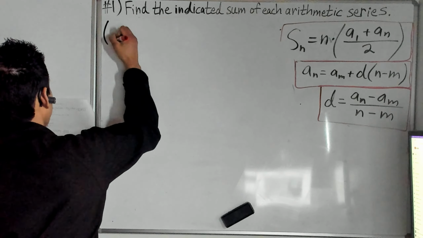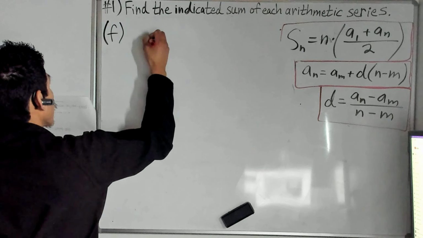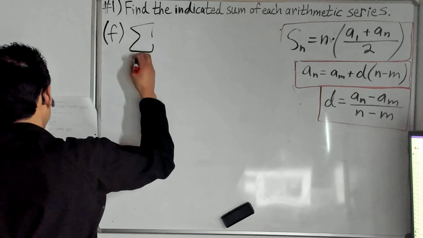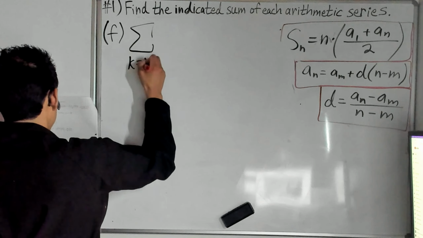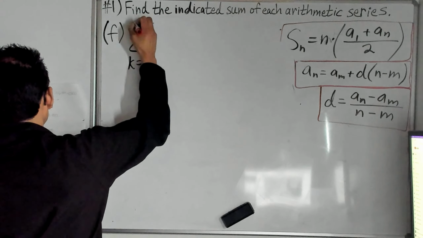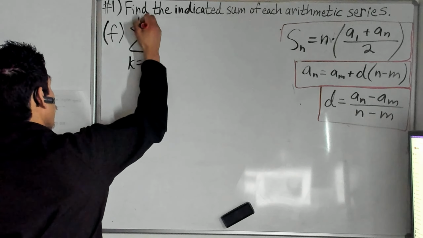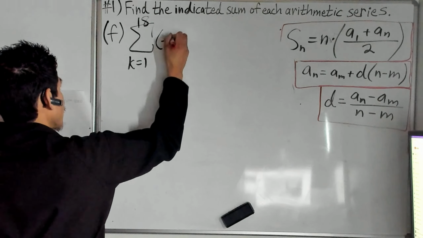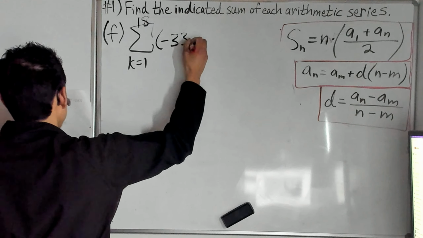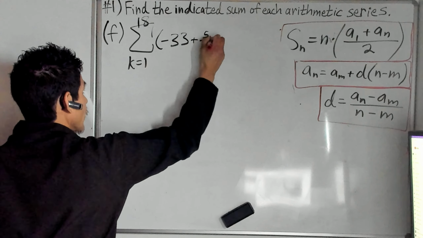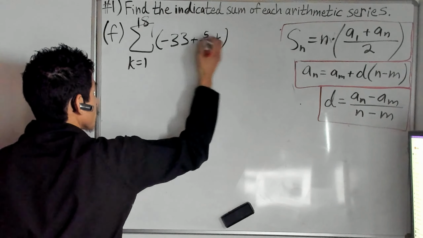So this is going to have every student's greatest fear in math. The F word. That's right, fractions, guys. We have negative 33 plus 5 halves. Okay. So we got to face our fears.